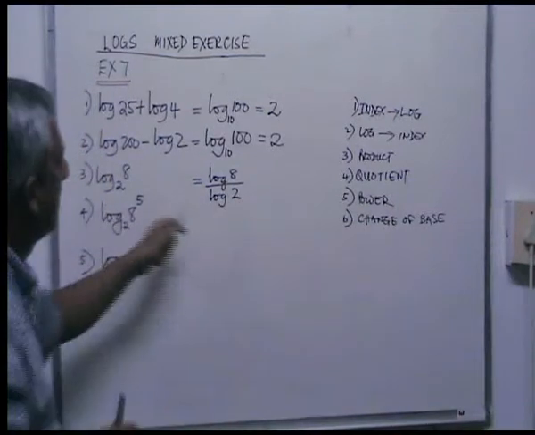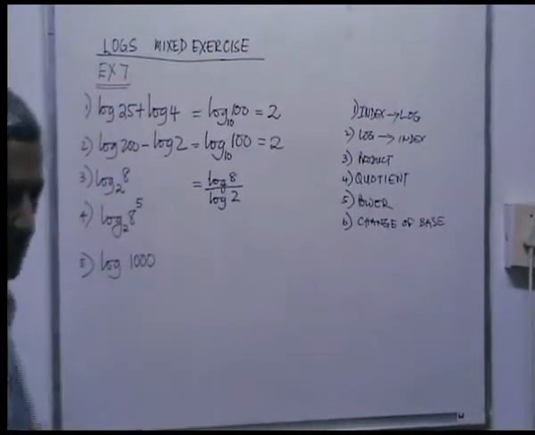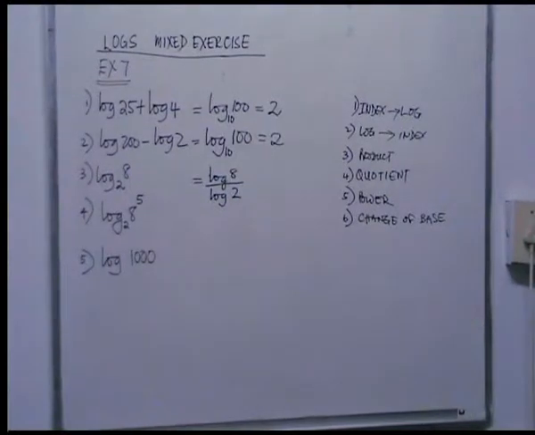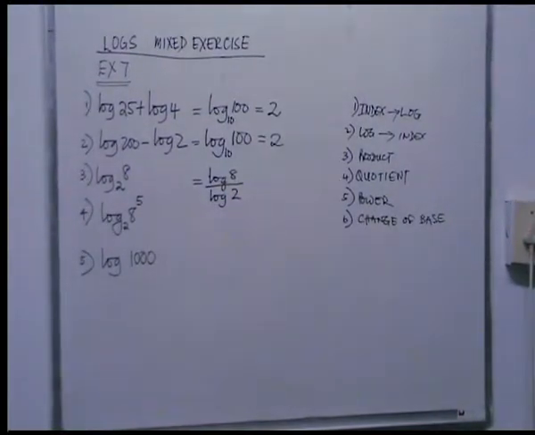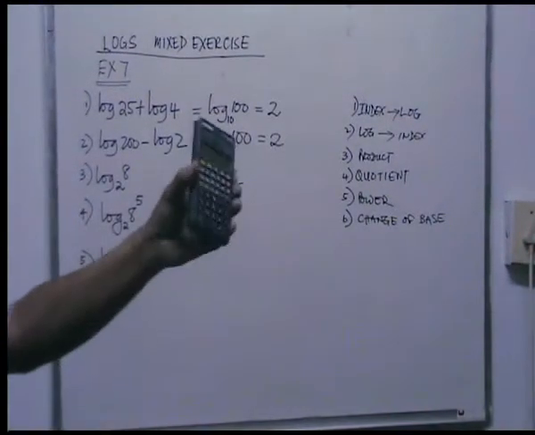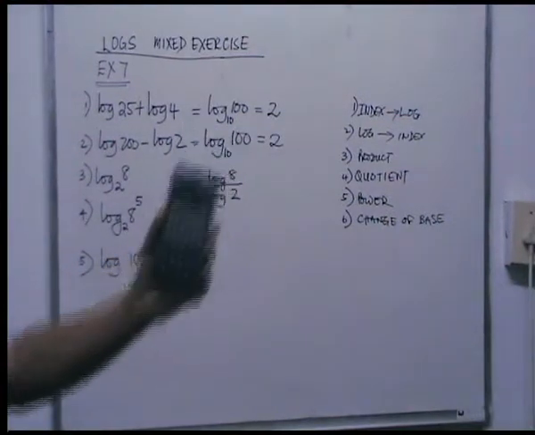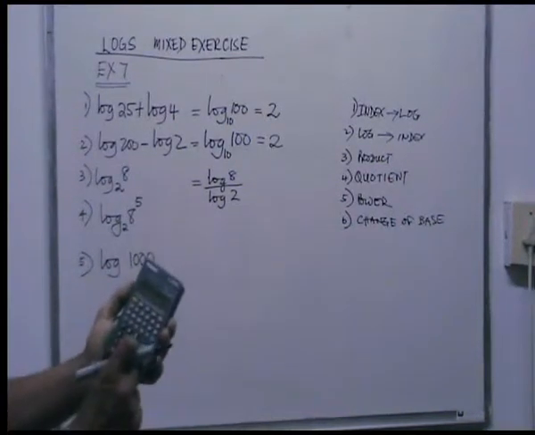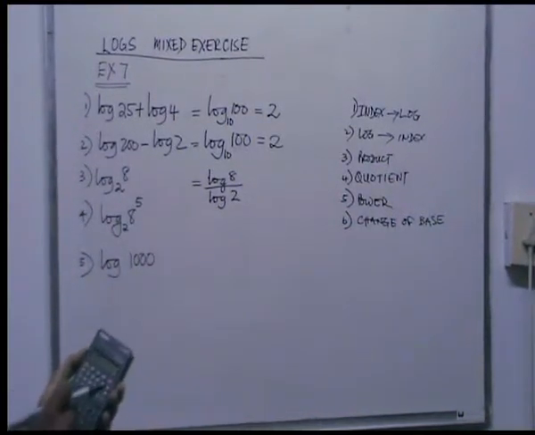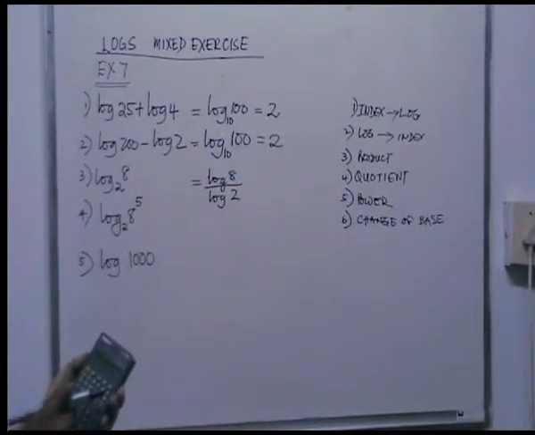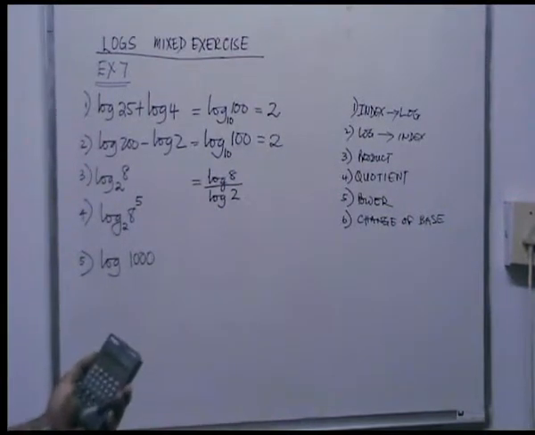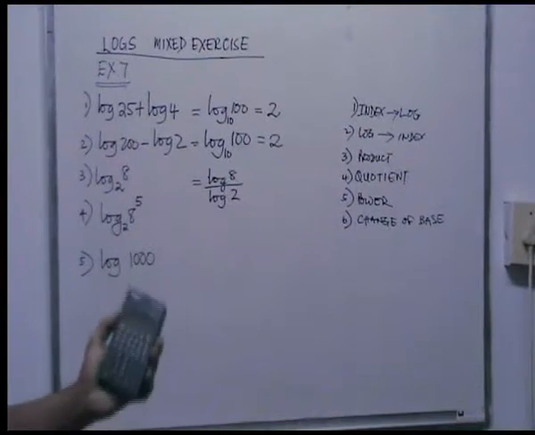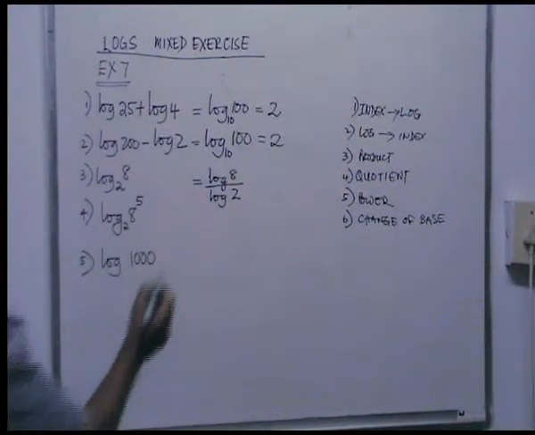I've changed the base. Now the base is 10 and 10. Now I can use the calculator. So all you do is you take the calculator and you plug in log of 8 divided by log of 2 is equal to, and the calculator will give you the answer 3.